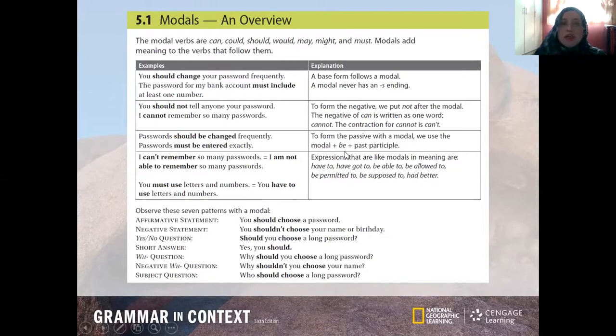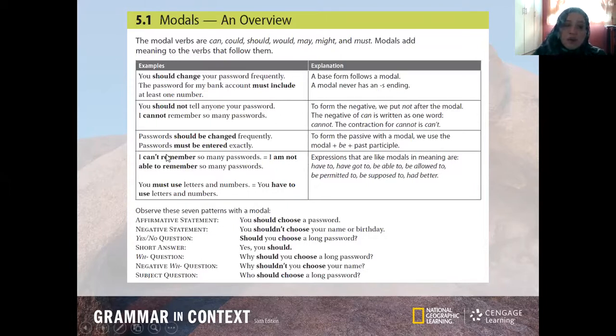Whenever we change an active sentence to a passive sentence, we must add the be verb, and the verb will change to the past participle. Okay, we have already covered active and passive voice in the previous lecture. So it's the same concept, except you just add the modals in front.